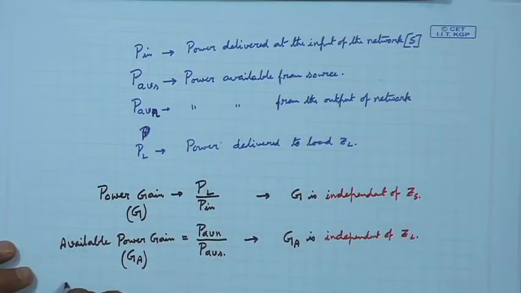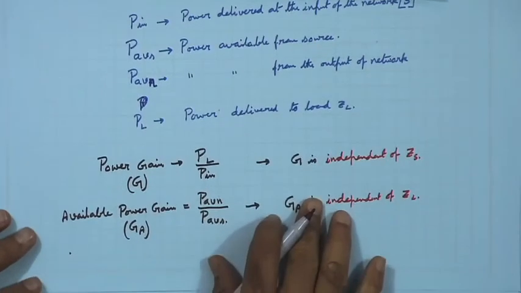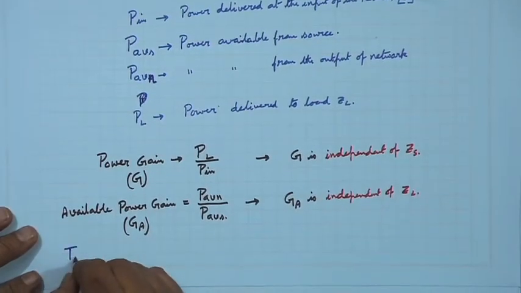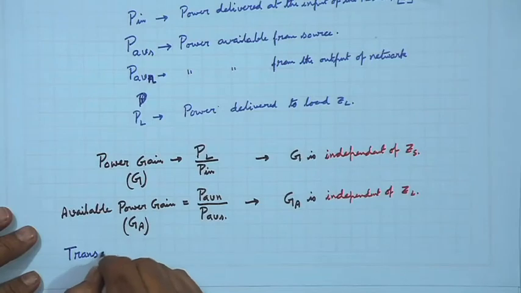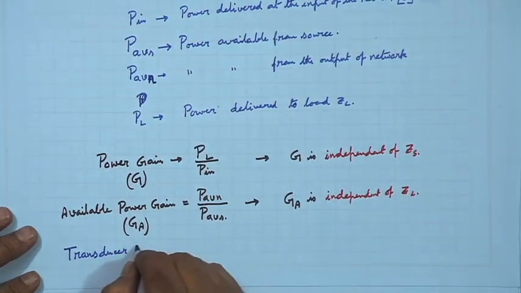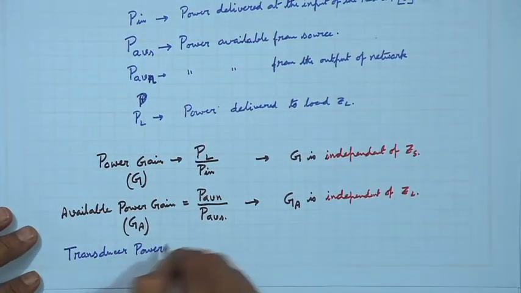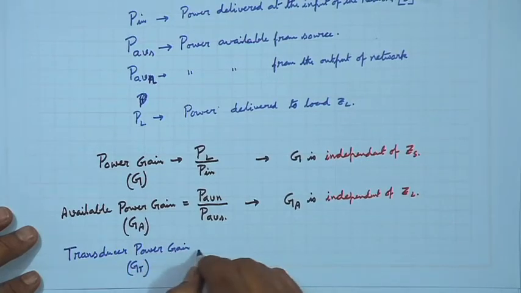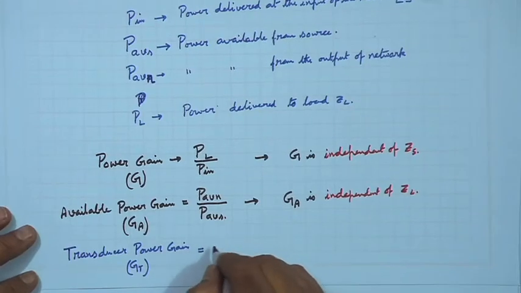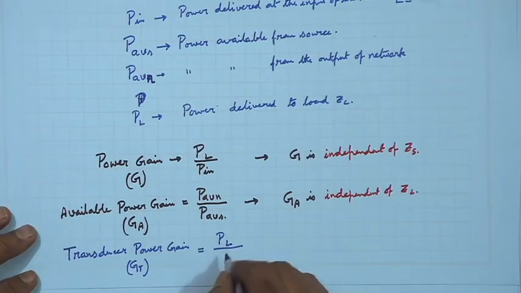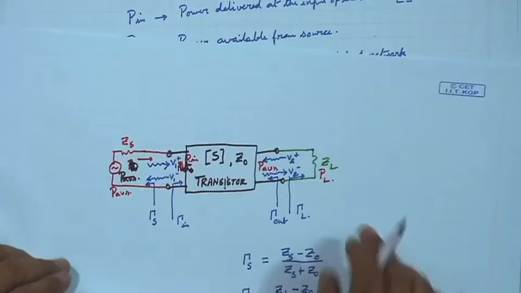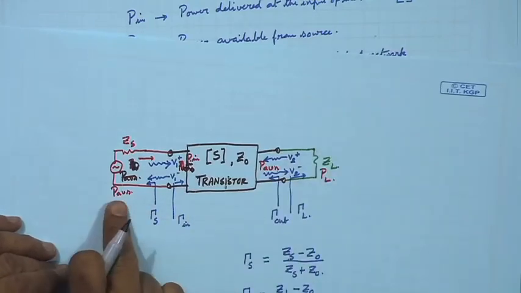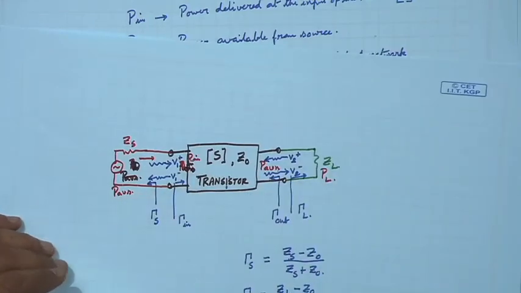This final power calculation is called transducer power gain, G_T, a very important one, and it is defined as P_L by P_AVS.